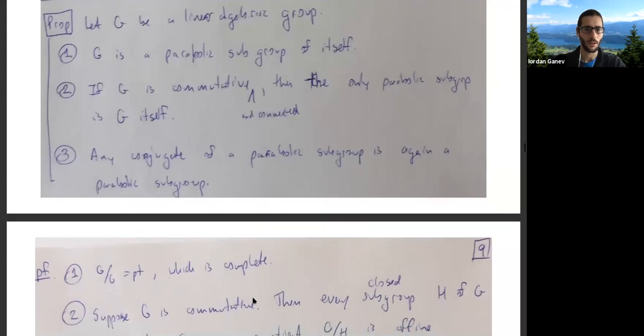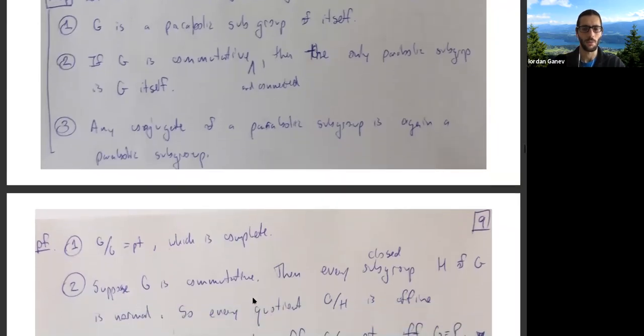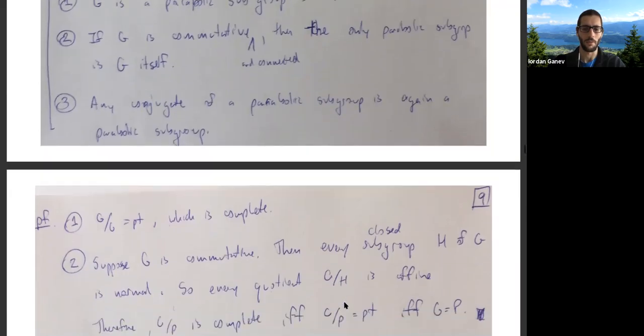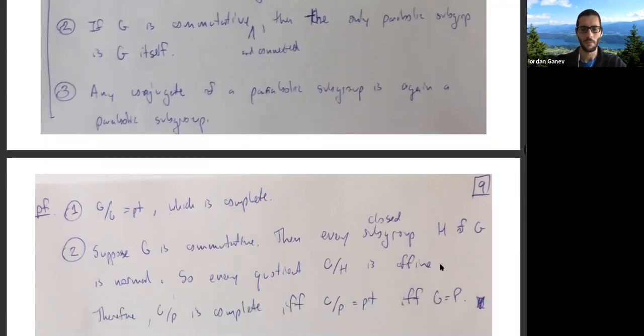For the second part, if we take G to be commutative, then any closed subgroup of G is normal. So any subgroup of a commutative group is normal. So the quotient must be an affine variety. I indicated earlier today why the quotient by a normal subgroup is affine.